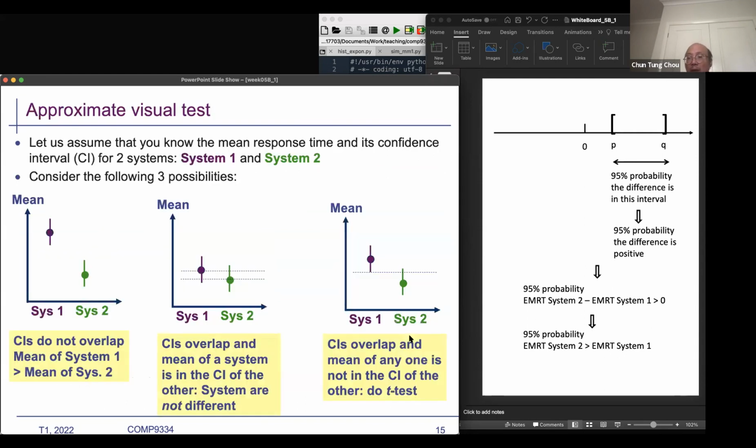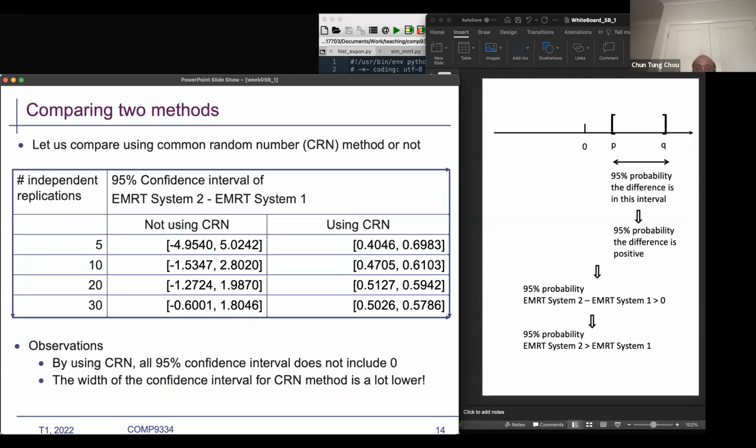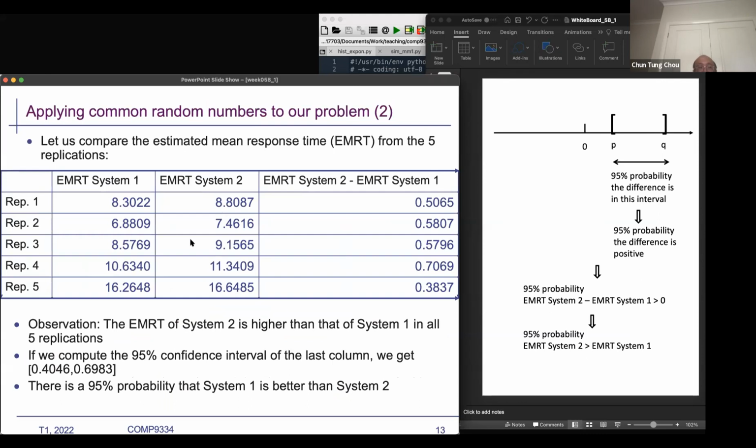Now, what we have shown you is how to compare two systems by pairing up the replications, doing a subtraction, and computing the confidence interval of the difference.